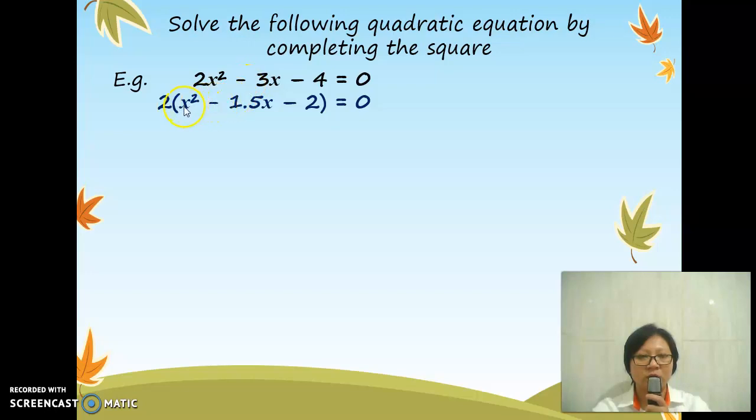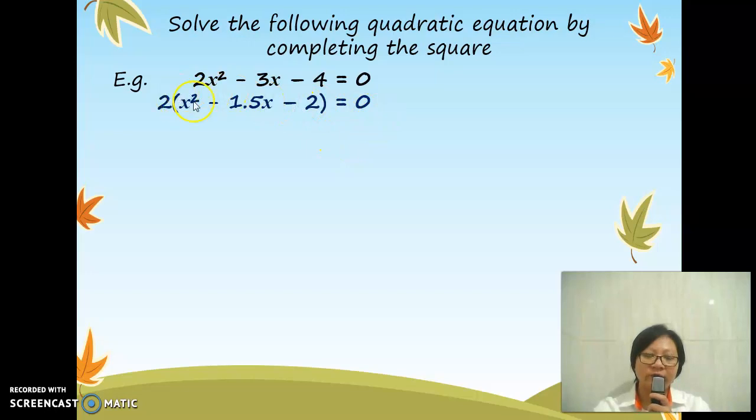So 3 divided by 2 is 1.5. Since there is a negative sign, we put a negative sign here. And then 4 divided by 2 is equal to 2. And don't forget there is a negative sign here too.